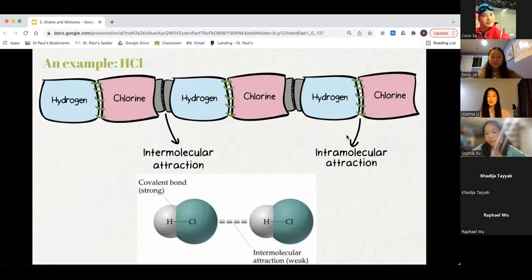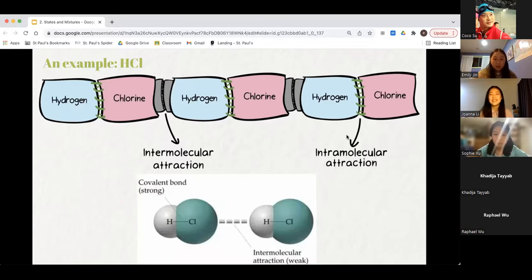When physical changes are made to your substance, it only impacts the intermolecular attractions. If you're freezing, the molecules become close together. If you're boiling, the intermolecular attractions become weaker and they go further apart. To help you remember which is which, you can think of inter as inter-house competitions between different houses.